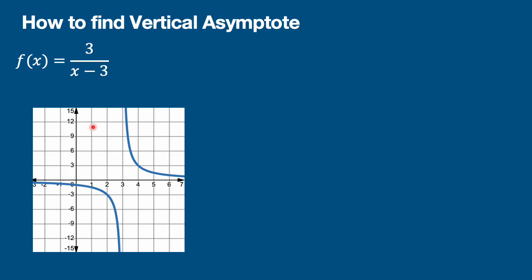The vertical asymptote line, x equals 3, is not included in the domain, which means the denominator is 0. So x equals 3 is not in the domain, and at the same time, the vertical line x equals 3 is the vertical asymptote line, okay?